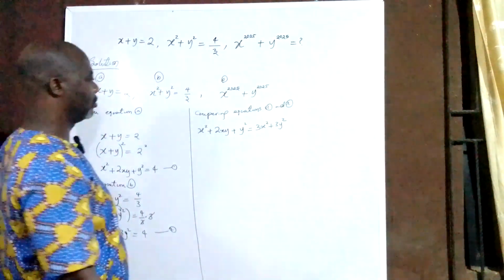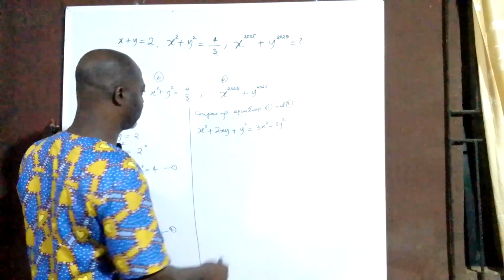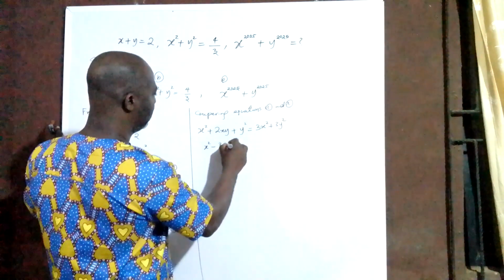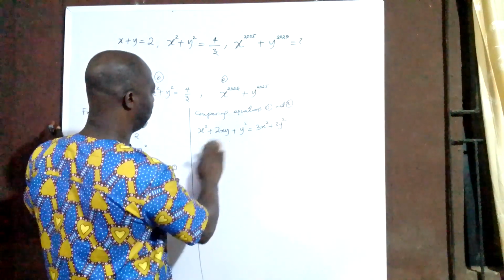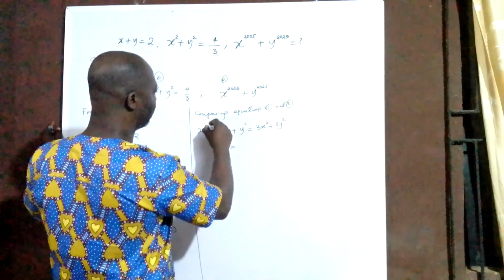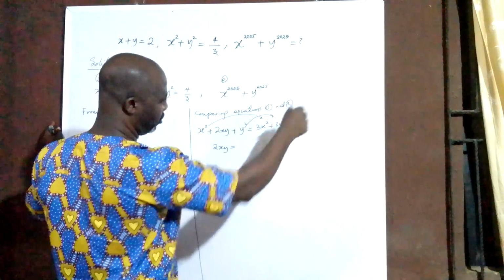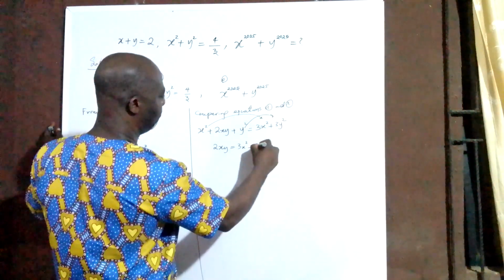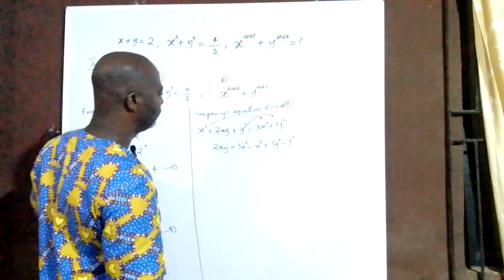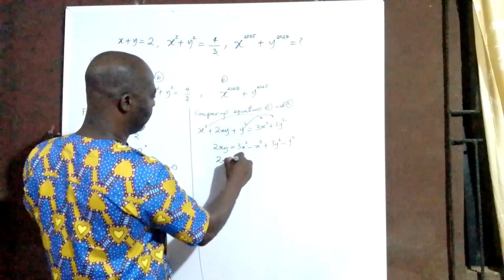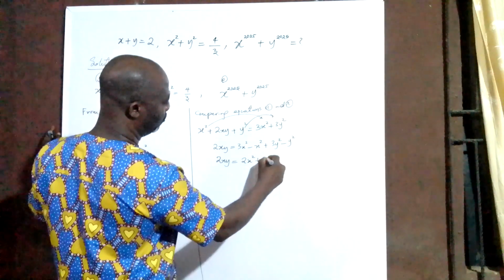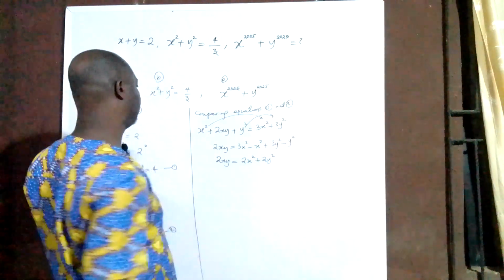Now I'm going to collect like terms. Let me do it this way: 2xy will be equal to, transferring x squared and y squared to the other side, 3x squared minus x squared plus 3y squared minus y squared. So this will give me 2xy equal to 2x squared plus 2y squared.